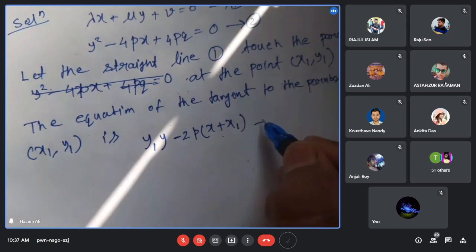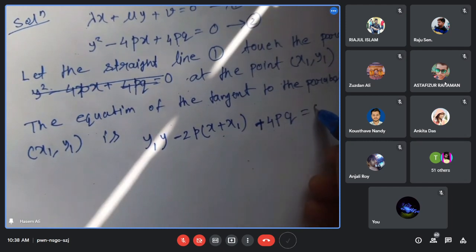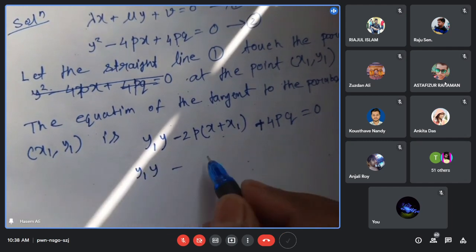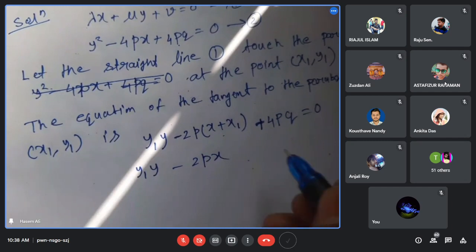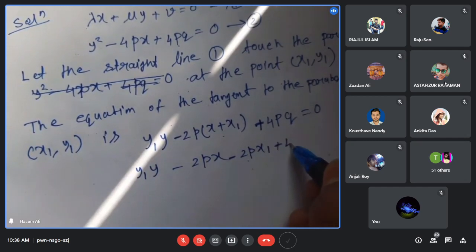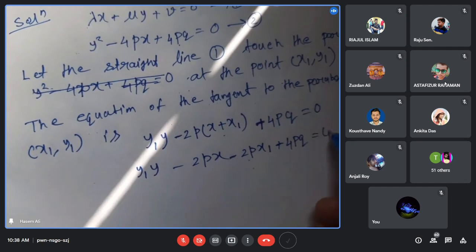And the constant term stays the same, 4pq equals to 0. So that means y1 y minus 2px minus 2px1 plus 4pq equals to 0. This is equation 3.